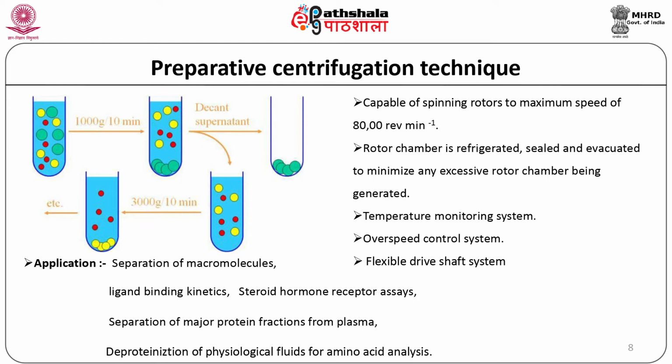The rotor chamber is refrigerated, sealed and evacuated to minimize any excessive pressure. A more sophisticated temperature monitoring system is used than in the simpler instruments. An overspeed control system is provided. They are provided with flexible drive shafts to avoid imbalance and vibrations due to uneven loading of samples. It is applicable for macromolecules.